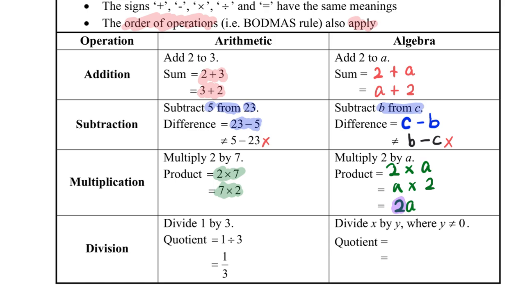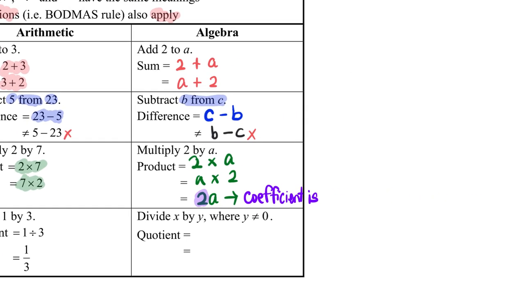At this stage I would just want to highlight that the coefficient 2 is in front of the variable. So the coefficient is 2. The variable in this case is a.